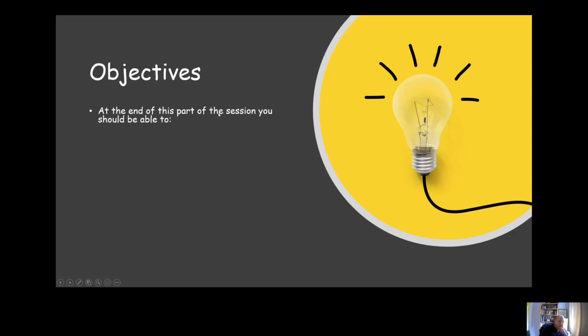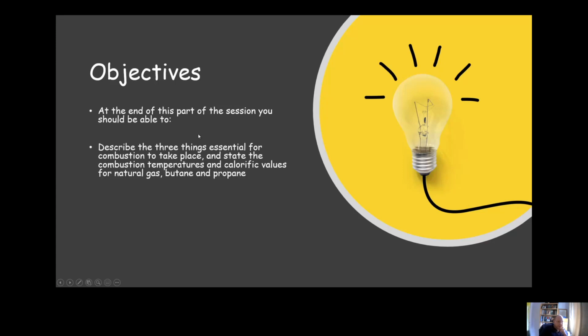Okay, so into this part of the session, I want you all to be able to describe 3 things that are essential for combustion to take place, and state the combustion temperatures and calorific values for natural gas, butane and propane.